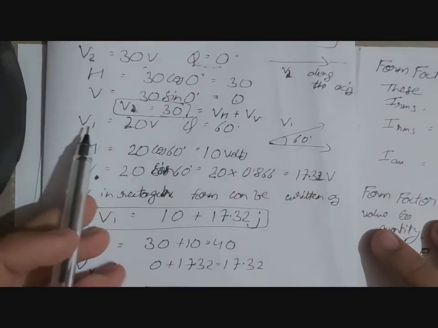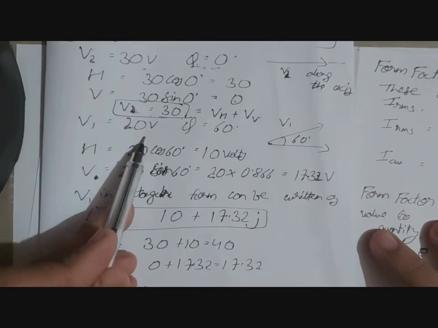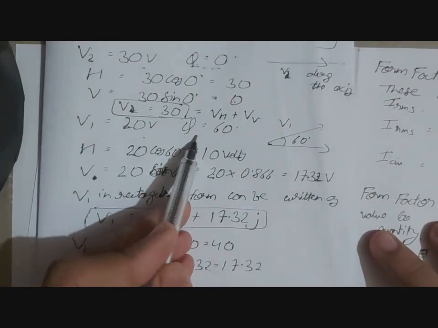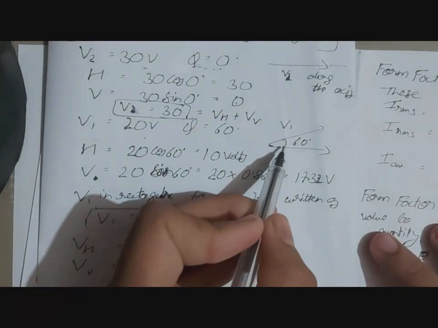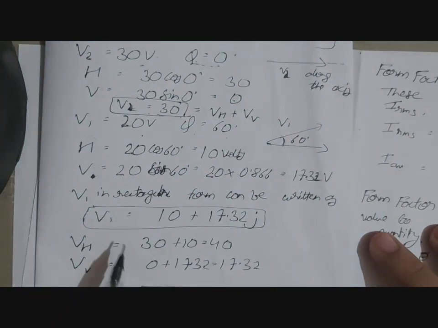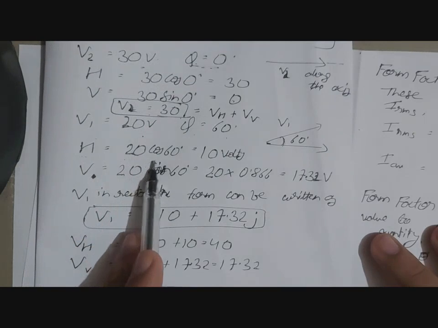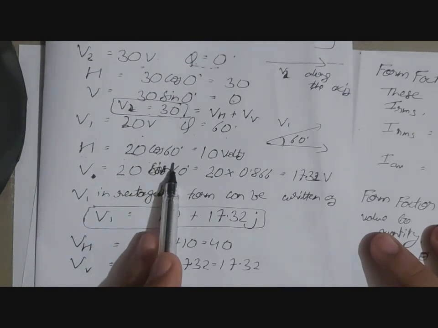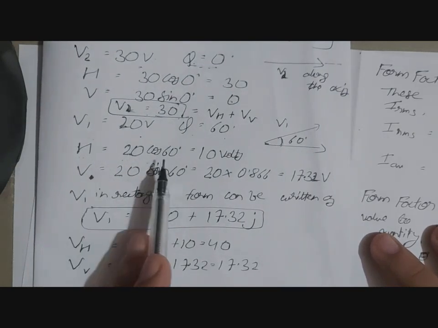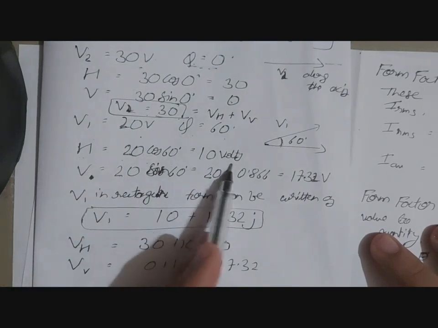Secondly, we take another phasor. V1 is equal to 20 volt, theta is equal to 60 degree. So the horizontal component H is equal to 20 cos 60 degree. Cos 60 degree is 1 by 2, so 10 volts.